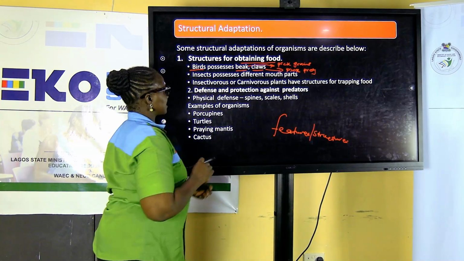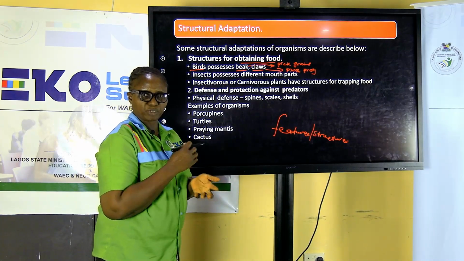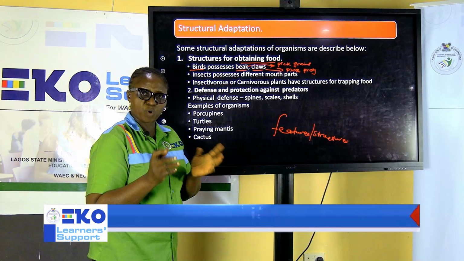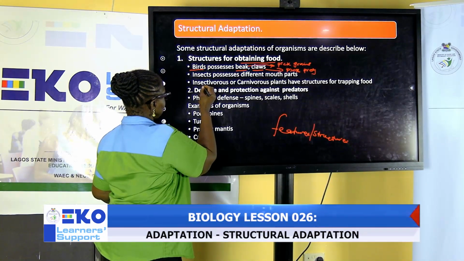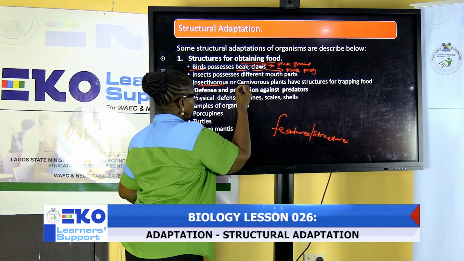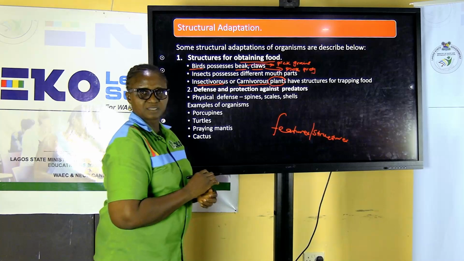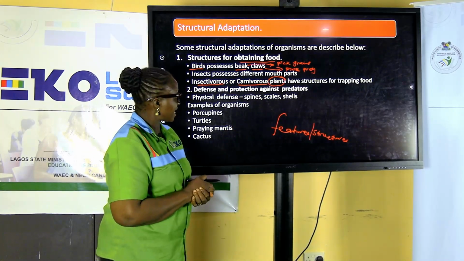We are looking at insects. Insects have different mouth parts. We have some for sucking, we have some for chewing. So their mouth parts are modified for feeding. We have some group of organisms that we call insectivorous or carnivorous. But remember this, plants. Insectivorous, carnivorous plants, yes.